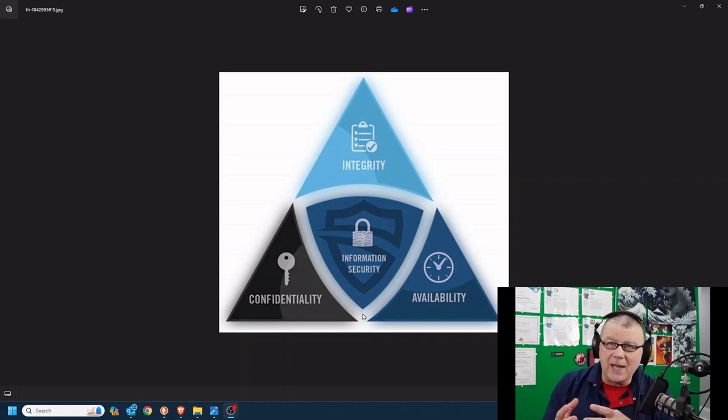And finally, we get to the A. Availability. Availability just means that the right individual with the right confidentiality has access to their information at the right time. We are now in a 24/7 world where we need access to our information pretty much around the clock.